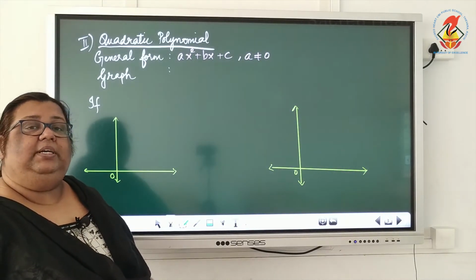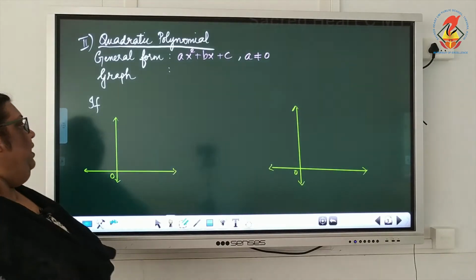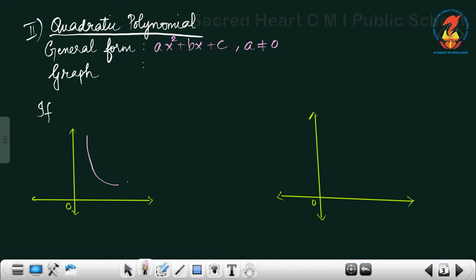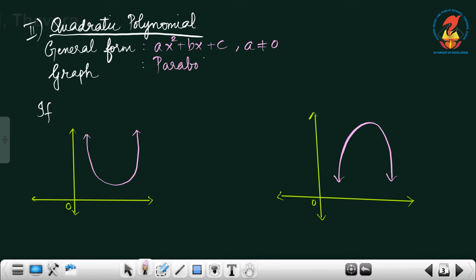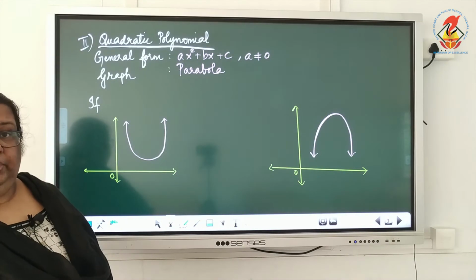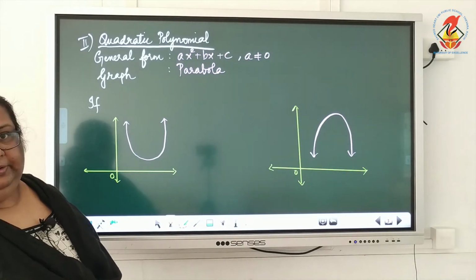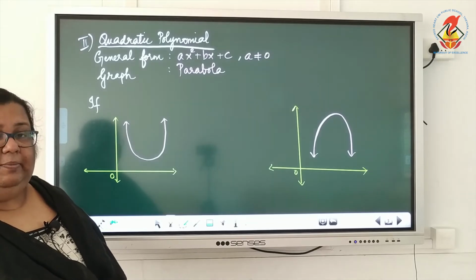And the shape of the graph of a quadratic polynomial is a U-shaped graph. It can be either upwards or downward. This U-shaped graph is called a parabola. So, the graph of a quadratic polynomial is a parabola.